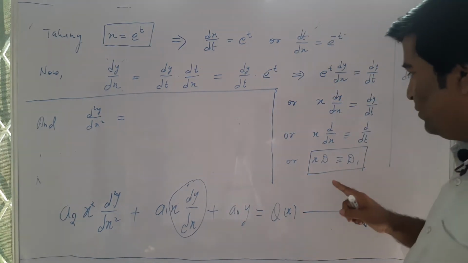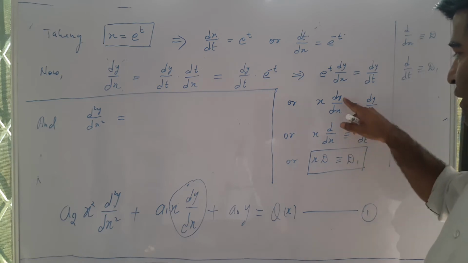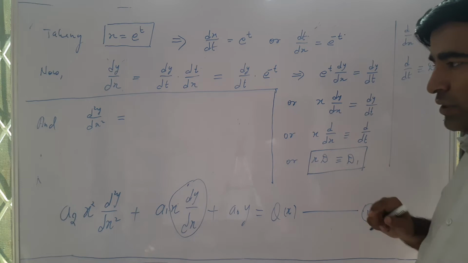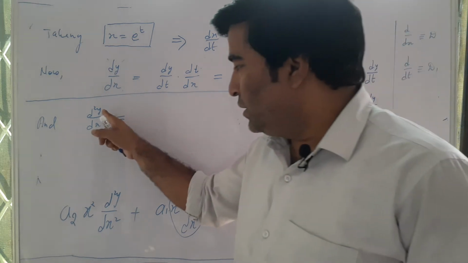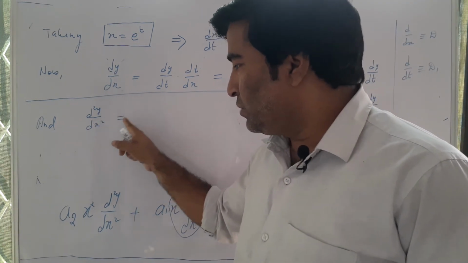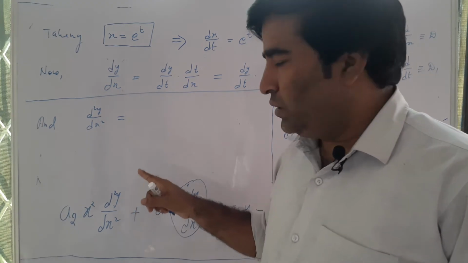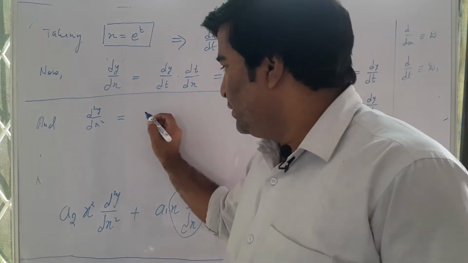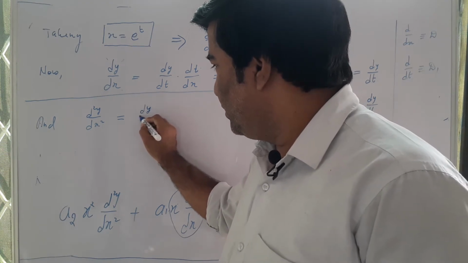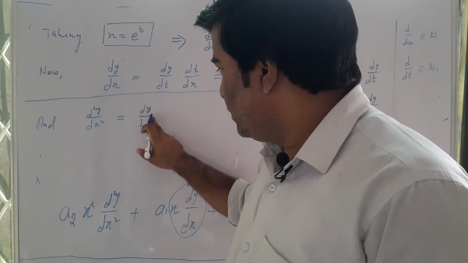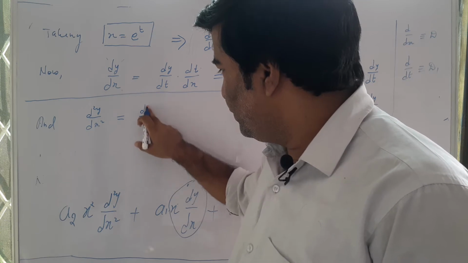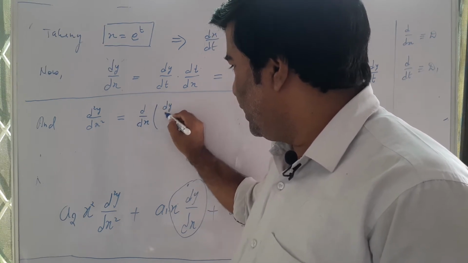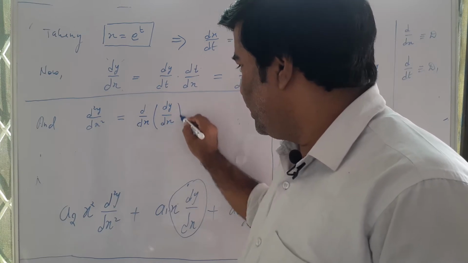Okay, so here we have to find dy over dx in terms of dy over dt. Similarly here we have to find d square y over dx square in terms of d square y over dt square. So this can be written as d over dx of dy over dx.